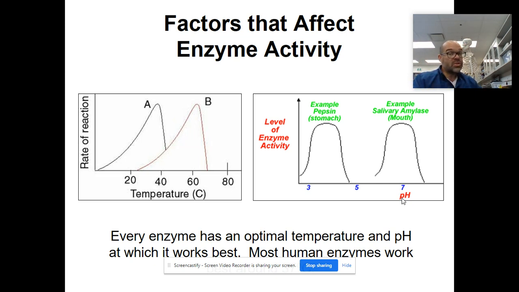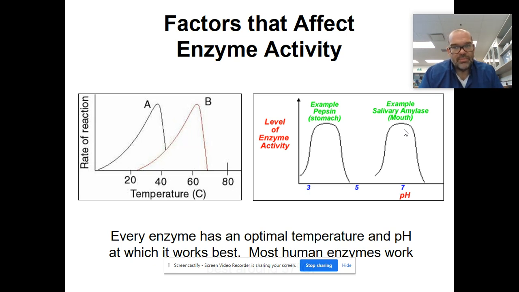Now, most of the enzymes in your body, okay, fall into this category here. So this is amylase. So basically, the enzymes in your spit, saliva, okay? So those enzymes work best at about a pH of 7, slightly above 7. And that should make sense. Like you are just slightly basic, okay?